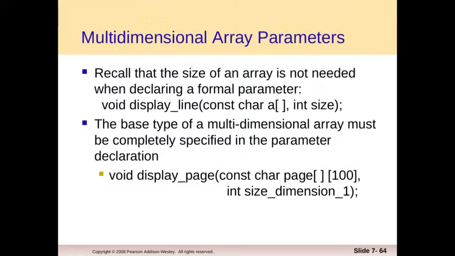So yes, I can pass that array without giving this dimension, but since this dimension here is part of the base type of the elements, I have to provide this dimension.